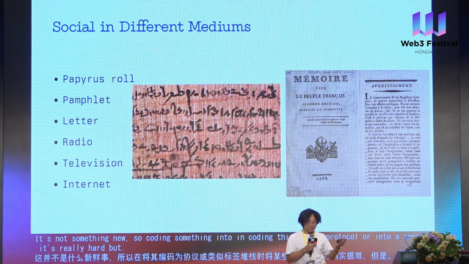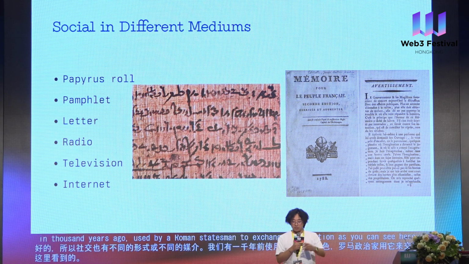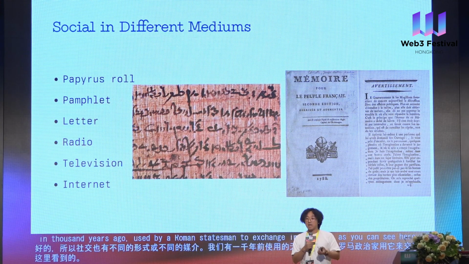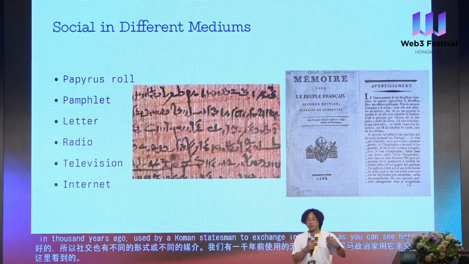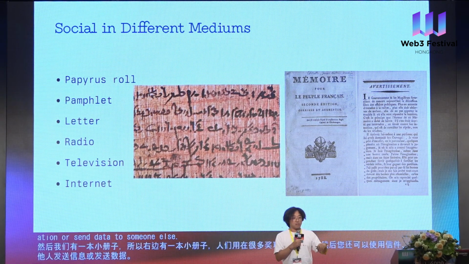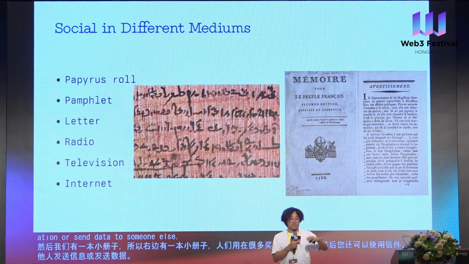And then we have a pamphlet, a little booklet on the right, that people used with a lot of words to do propaganda. And then you can also use a letter, a radio, television to send information or data to someone else. But all of the things we see here, besides the internet, were not that efficient.